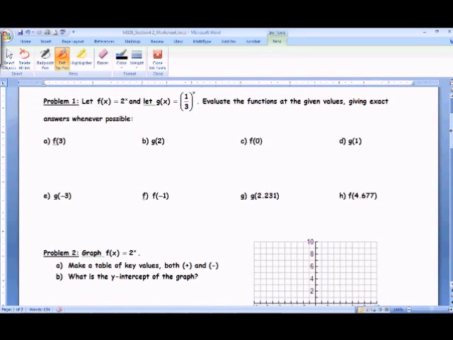For problem number 1, I have two functions. My first function is f of x equals 2 to the x power, and my other function is g of x equals 1/3 to the x power. They're both exponential functions, and what I mean by exponential functions is a function f of x equals a to the x power, where a is a real number.